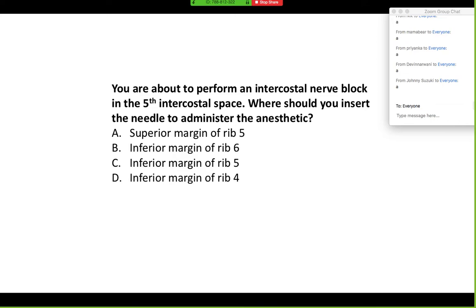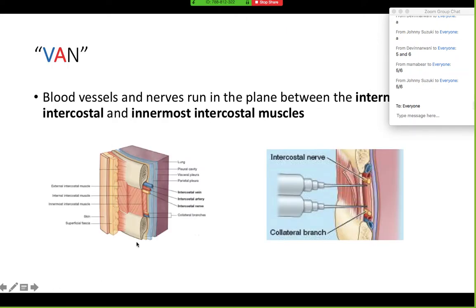Okay, so your 5th intercostal space is between what two ribs? Correct. So where are you going to put the needle?